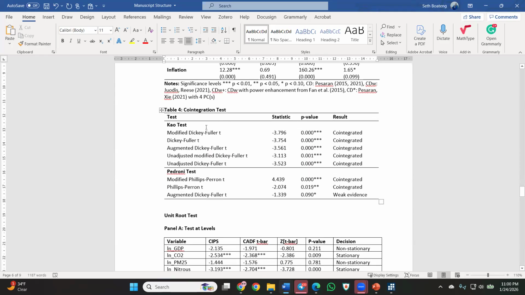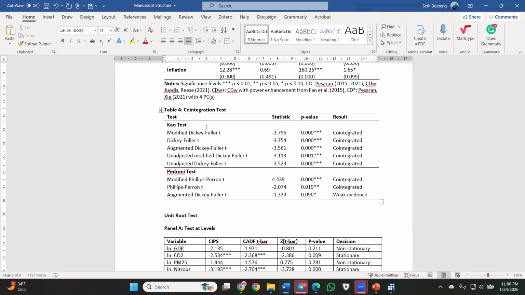And then we also did the co-integration test, which is used to test the long run and the short run relationship between the variables. And we realized that there is co-integration. That means there is both long run and short run. So we have to use a model that accounts for both.